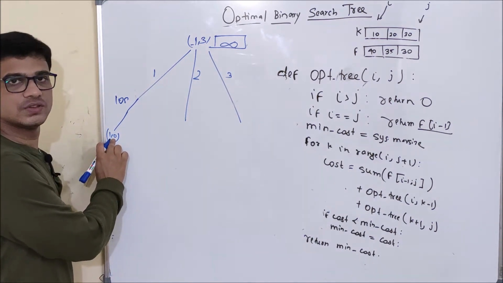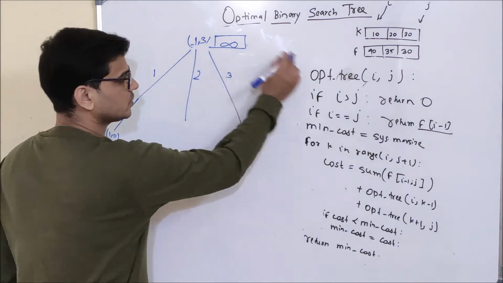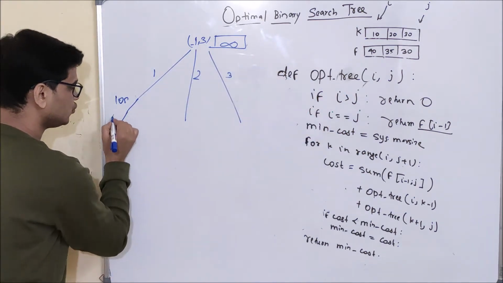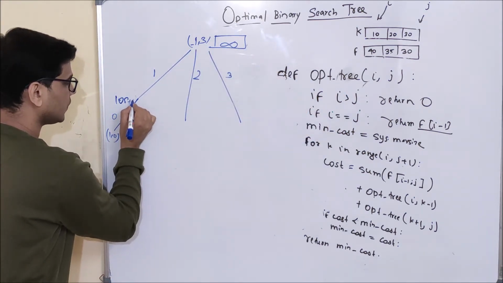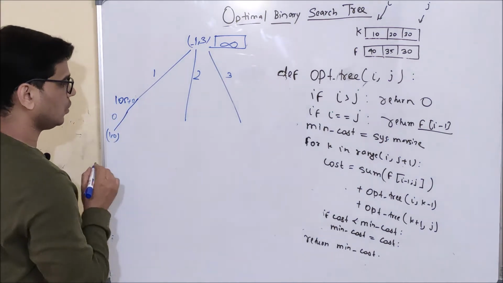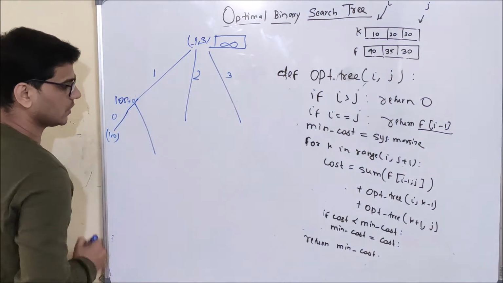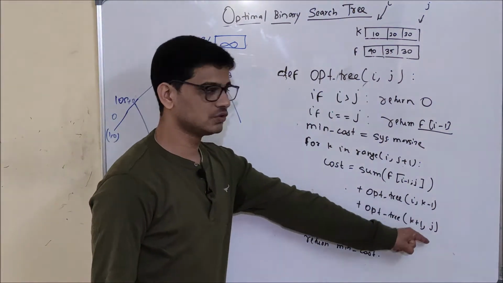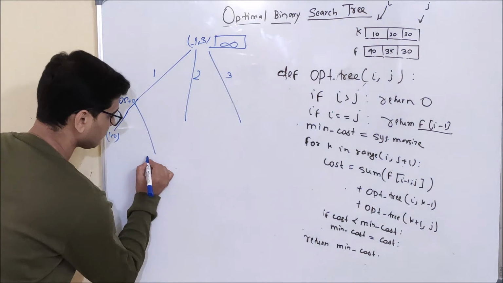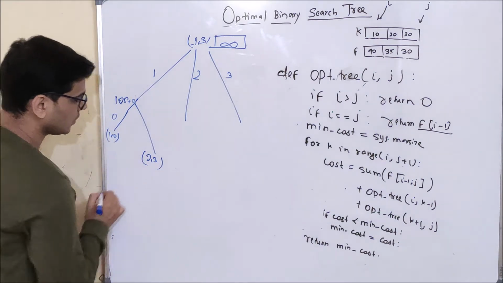When this function comes for execution, you can see here i is greater than j, so 0 will be returned. So 105 plus 0. Now it got the answer of the left subtree. Now it will call the right subtree, that is optree(k plus 1, j). k is 1, so optree(2, 3).